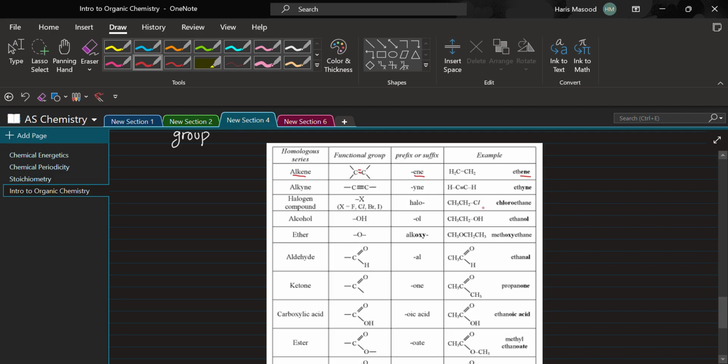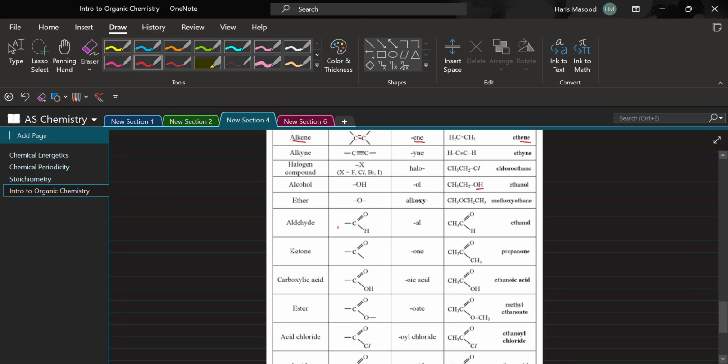You attached one chlorine here. It would be chloroethane, bromoethane, so on. Alcohols, you attach an OH group. Ether is not included, but we'll look into it. Sometimes it comes in different chapters.